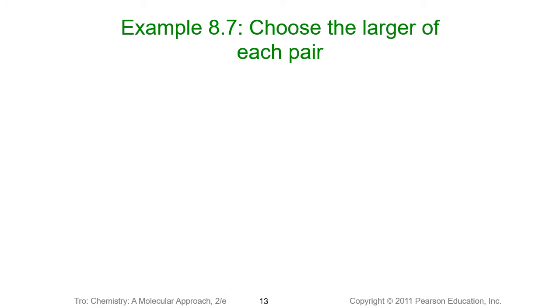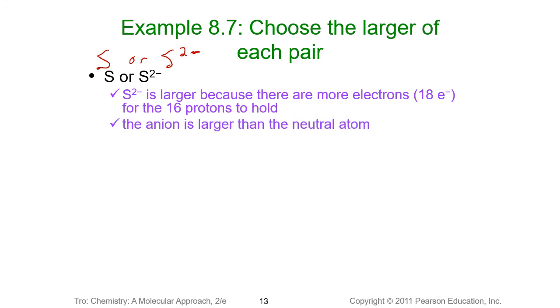Let's choose the larger of each pair. What if we have sulfur or sulfide? Which one is going to be larger? The sulfide ion is going to be larger because it has more electrons with the same number of protons to hold on to those electrons. The anion is going to be larger.